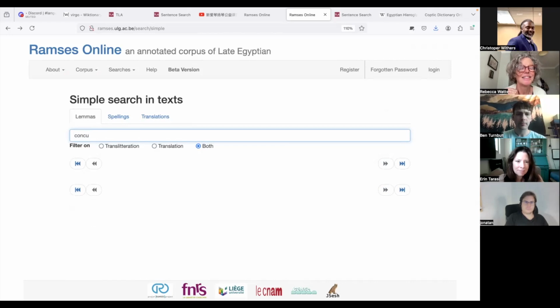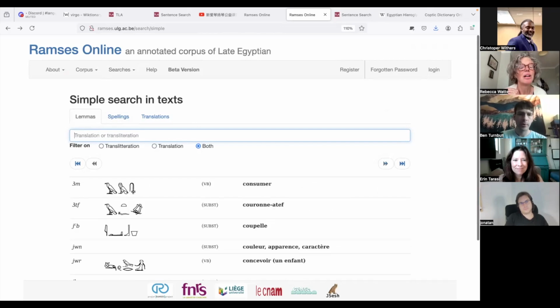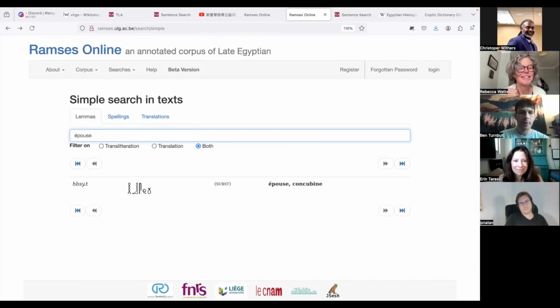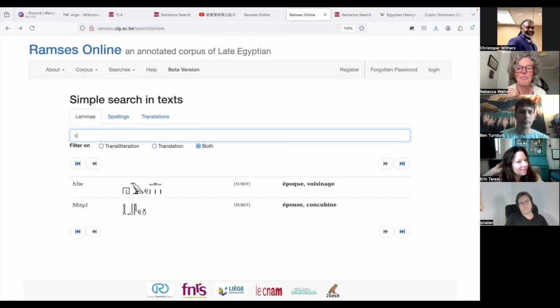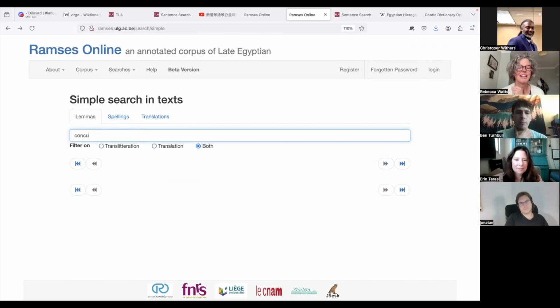It has a lot of great features, but if a word is the second word in the definition, it doesn't show up. Like if you start with épouse, then it will give you épouse concubine. But if you just start with concubine, it basically thinks the word doesn't exist.